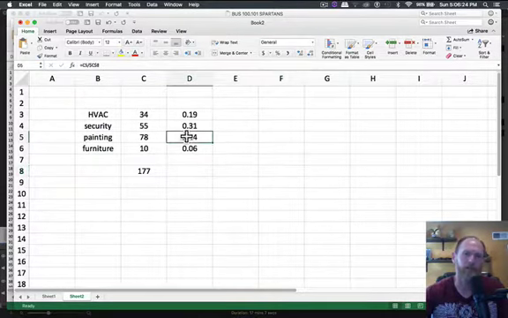So we got a better shot at investing in painting, assuming, again, that this sample is indicative of the larger population. Pareto chart looks just like a bar chart with some slight differences.